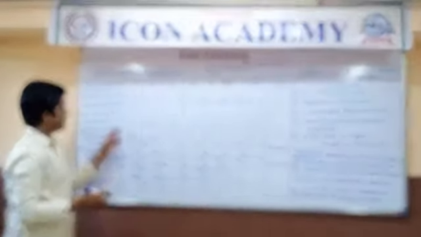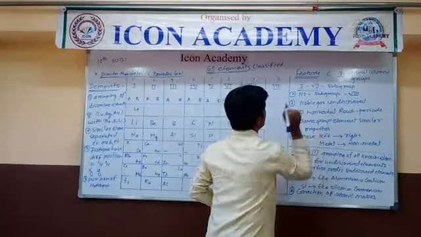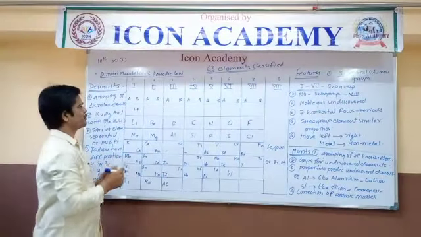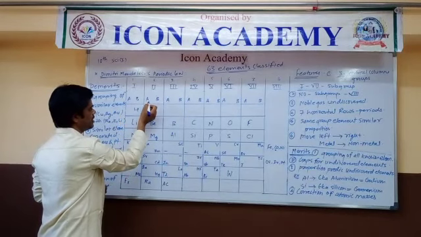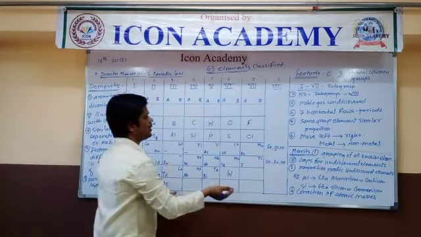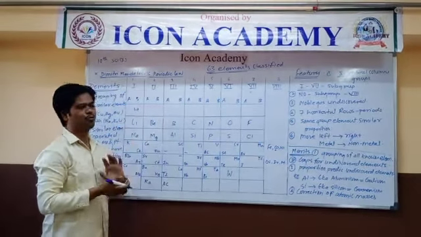Then we have to look at these groups. The first to the 7th groups are called subgroups. Here the first group has an A and B group, the second has an A and B group, and so on, so up to the 7th group there are subgroups.